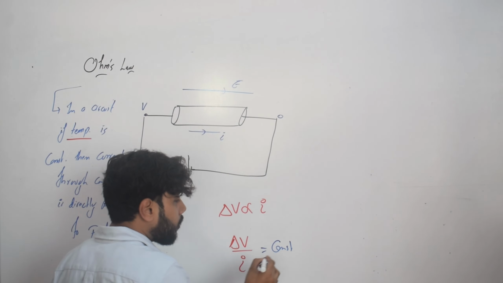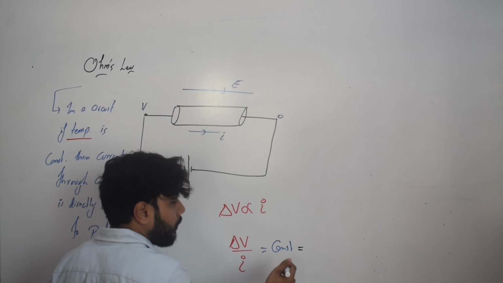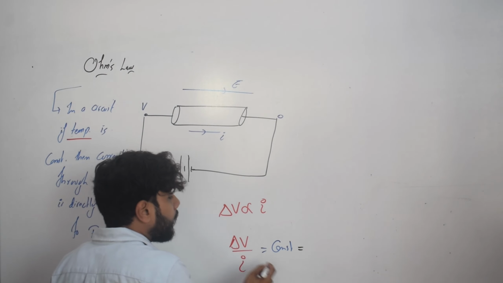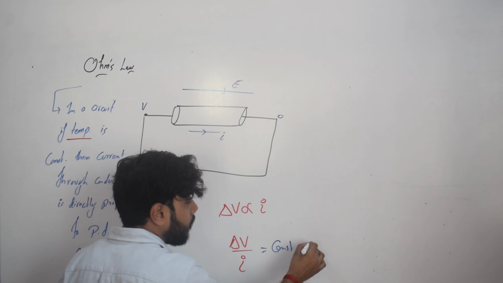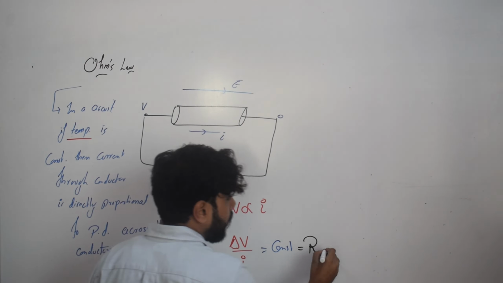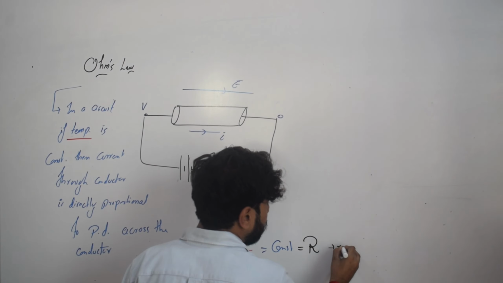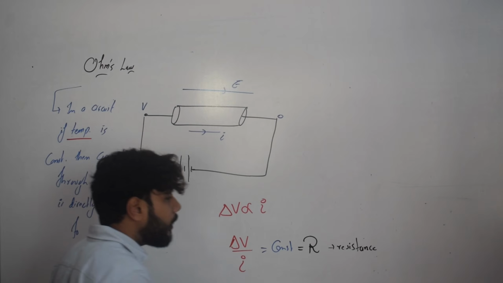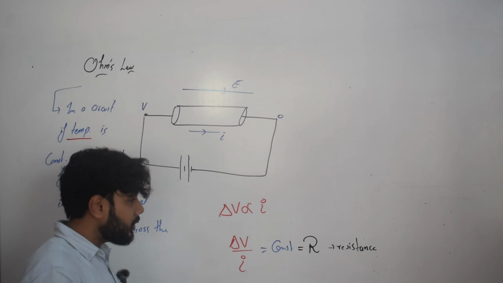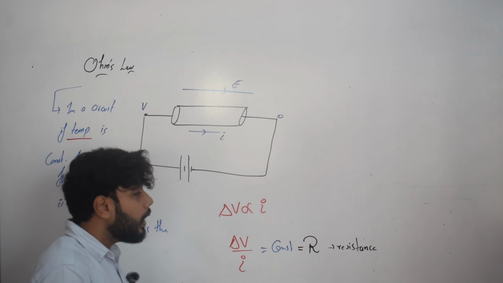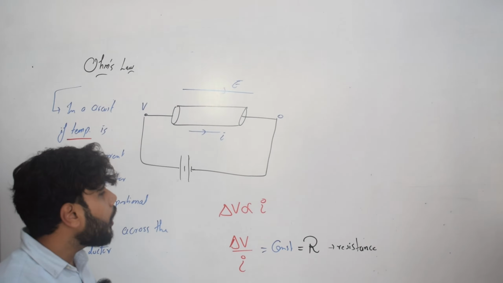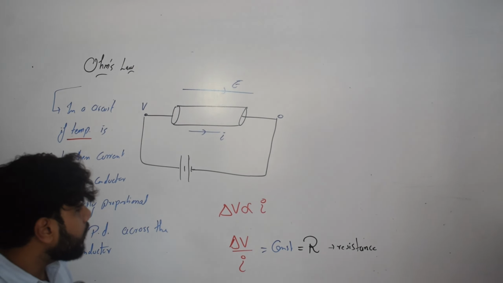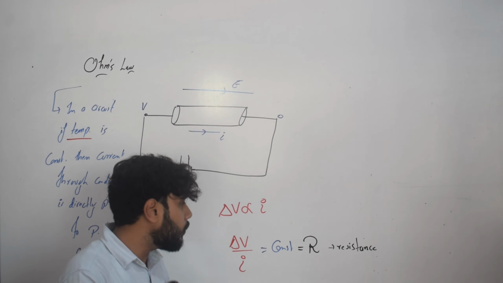So delta V over delta I is constant, and if you remember something from 9th, you will also know that delta V over delta I is constant. That constant equals your R, which is our resistance. And even though the formula of resistance seems like it is V over I, it is purely due to the conductor, and there is no role of V and I in this formula.